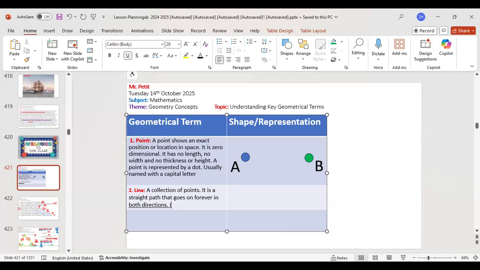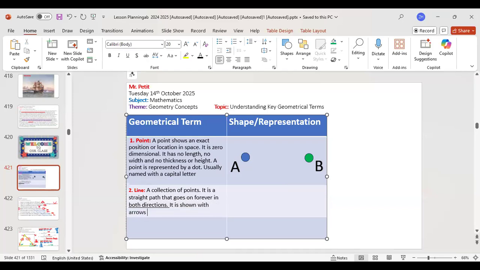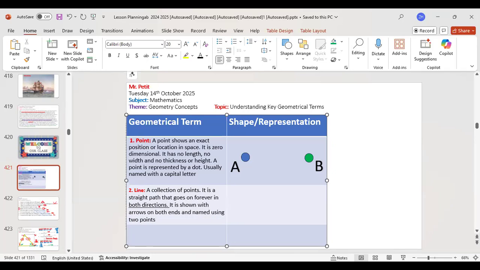It is shown with arrows on both ends, and named using two points on it.